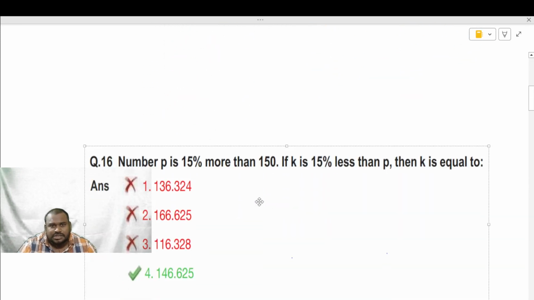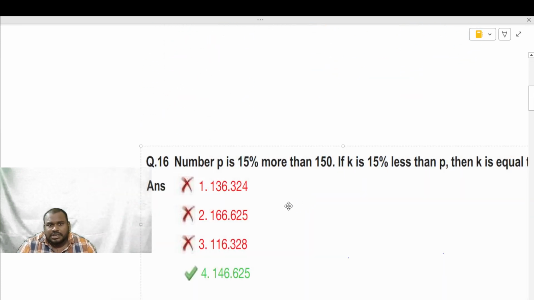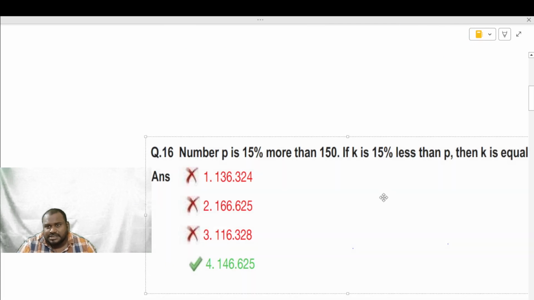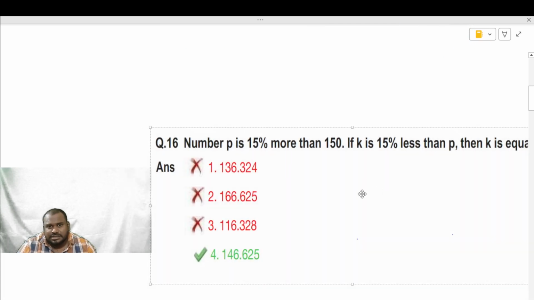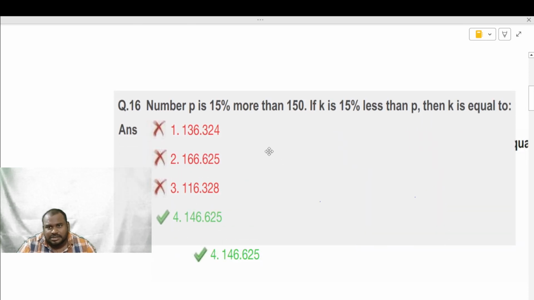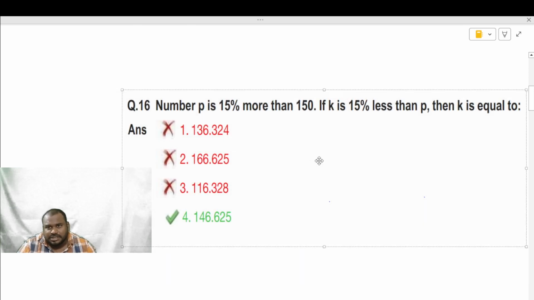Next one. Number P is 15% more than 150. K is 15% less than P, and K is equal to what?